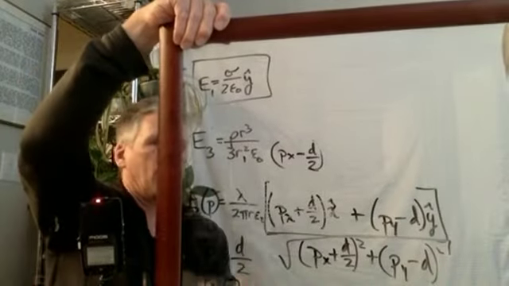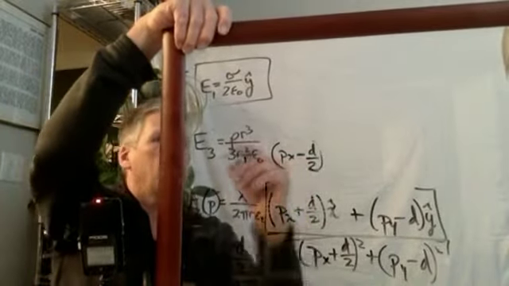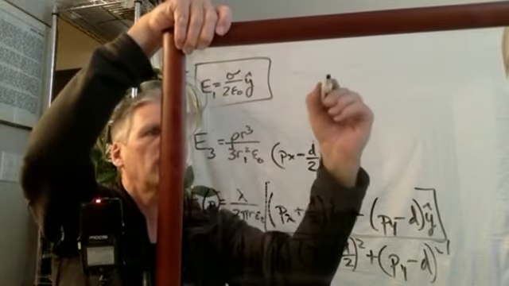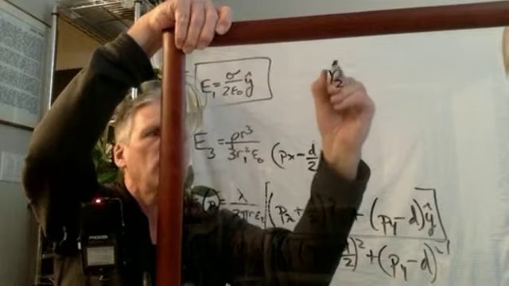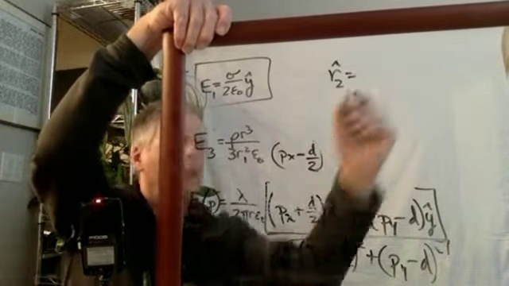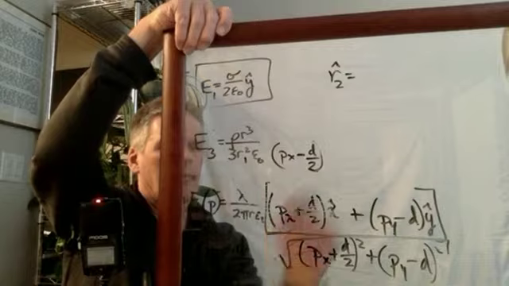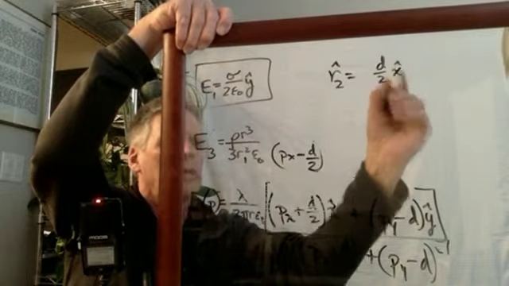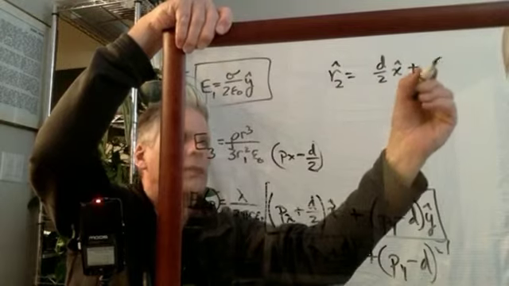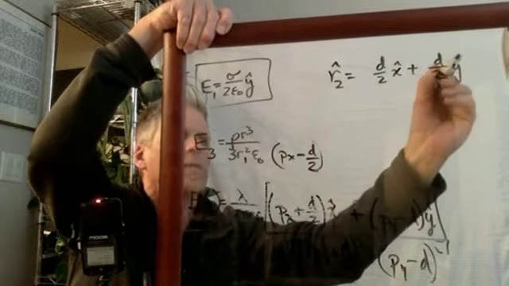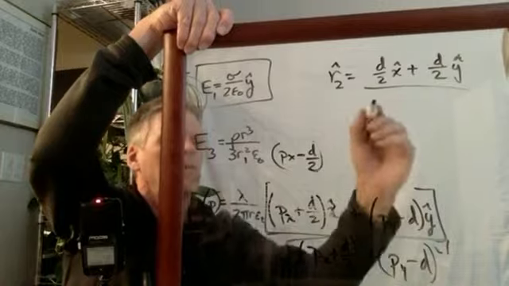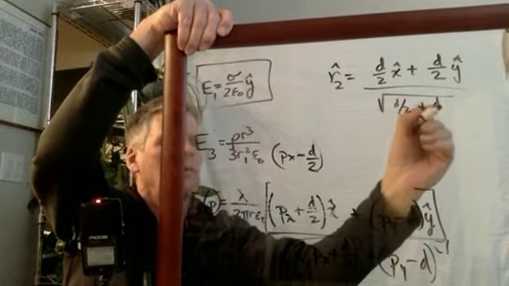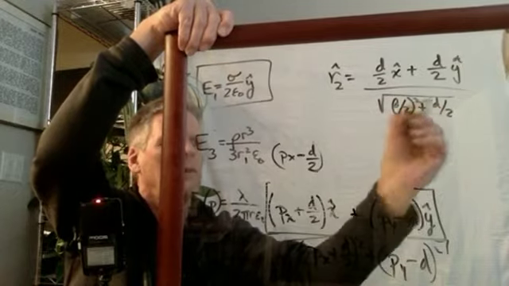Okay. And so what do we have? We have this one here. So our r hat for E2, I'll go ahead and just call R2 hat, equals p equals d over 2 x hat plus d over 2 y hat over the square root of d over 2 plus d over 2, each of these things squared.